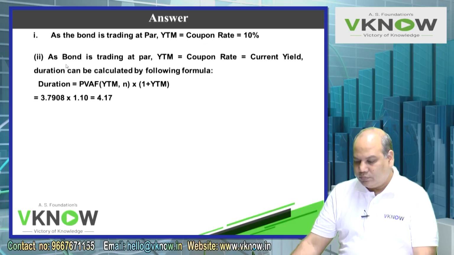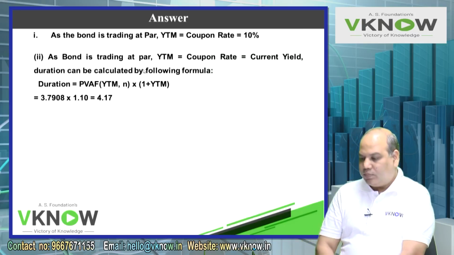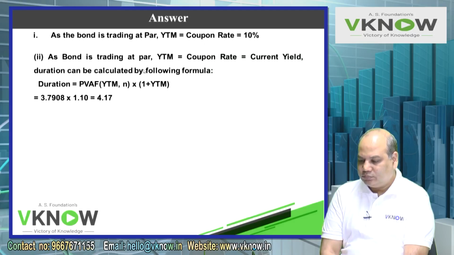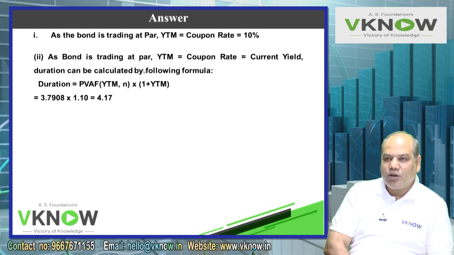Second note, write down: as the bond is trading at par, YTM is equal to coupon rate is equal to current yield. Therefore, duration can be calculated by the following formula.